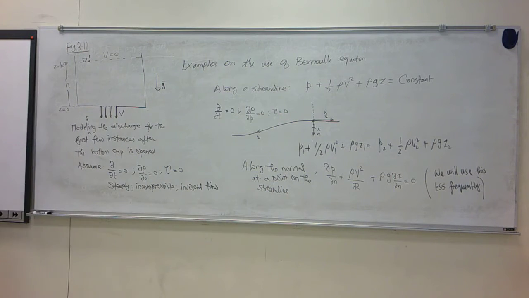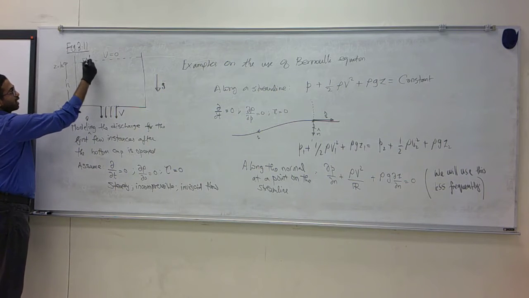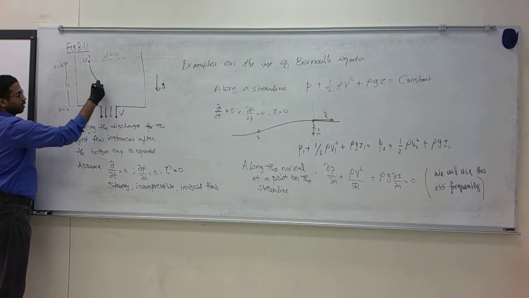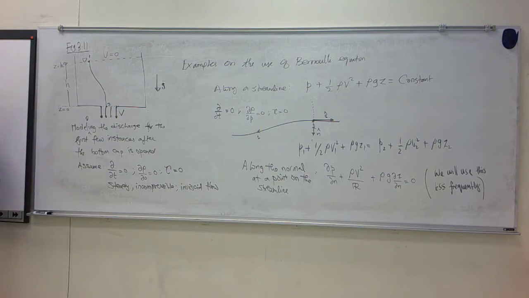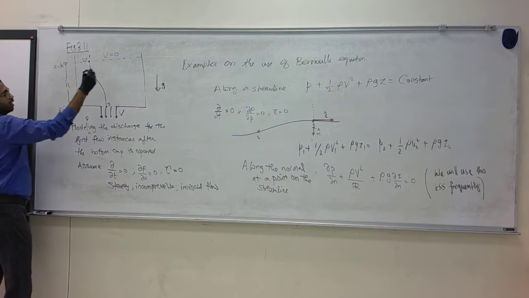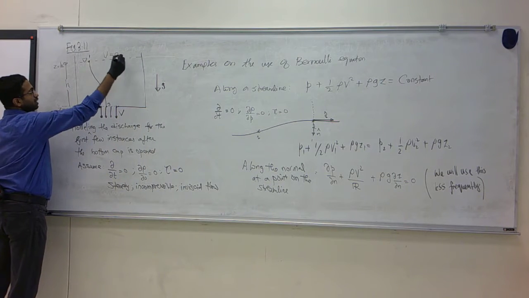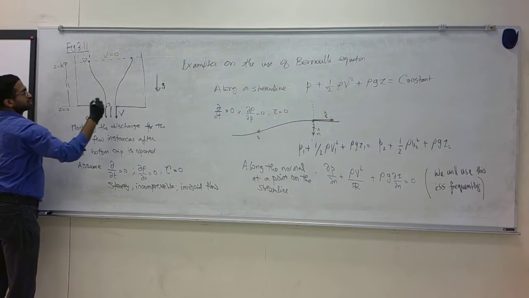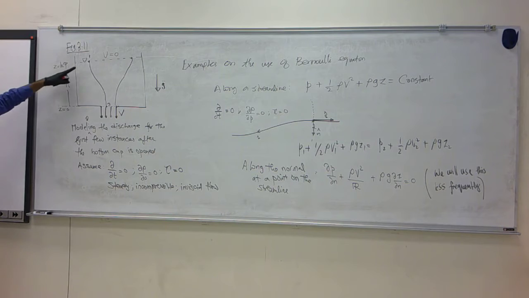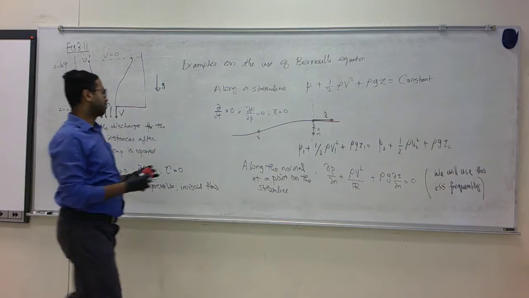And I choose point 1 here and I assume that the flow is along streamlines, so it flows down to point 2. I am going to think there are several streamlines like these. I am going to choose an arbitrary streamline and apply the Bernoulli equation between point 1 and point 2.